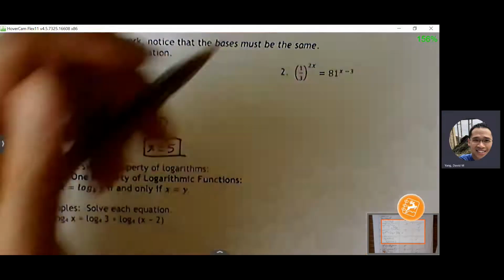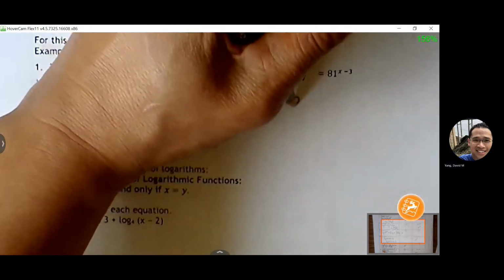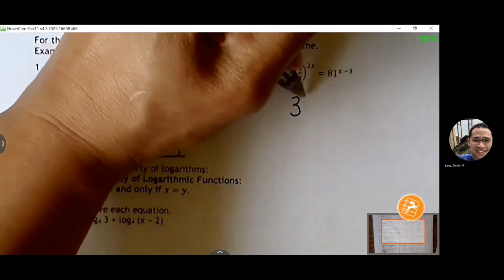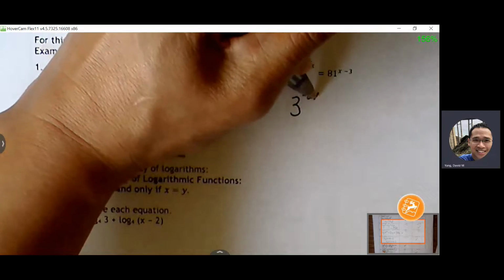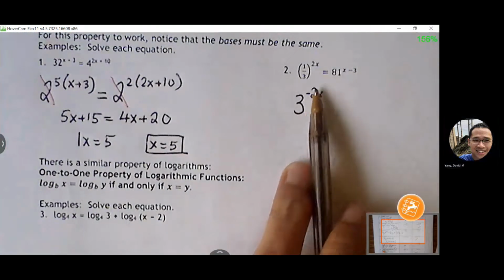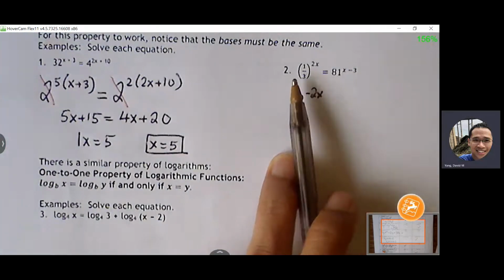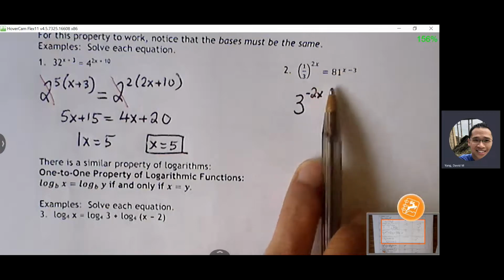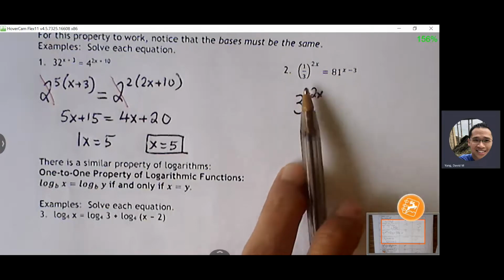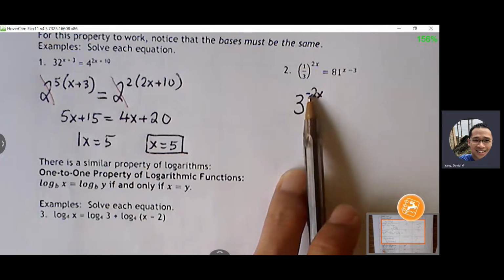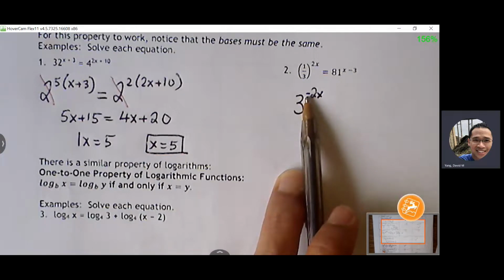But 1/3 to the 2x is the same thing as 3 to the what? Negative 2x. So this is really 1 over 3 to the 2x. If I want to bring that up to the top and still not change the overall value, I can just put a negative in front of my exponent.